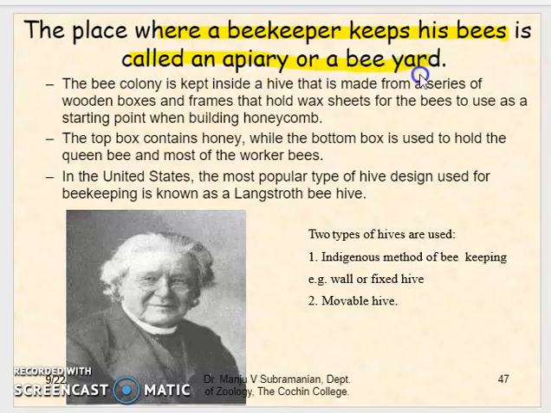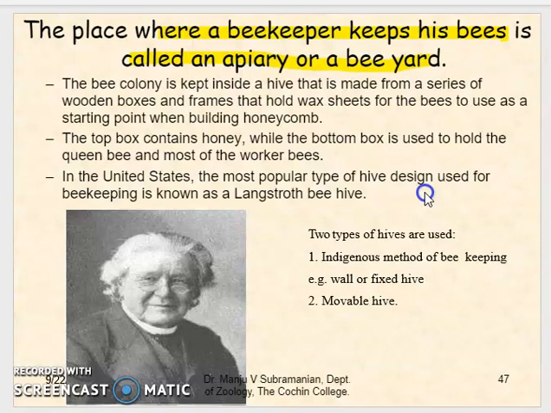The bee colony is kept inside a hive that is made from a series of wooden boxes and frames and holds wax sheets for the bees to use as a starting point when building the honeycomb. So the bee colony is kept inside the hive, and we are just giving a space for the bees to reside.